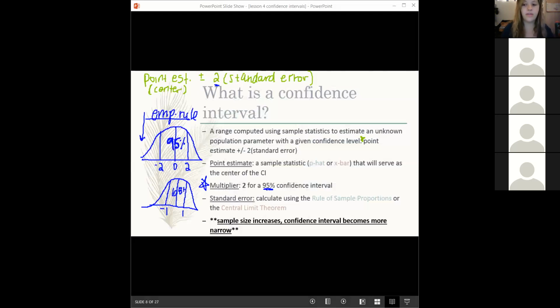I believe we go more in depth into it later in the semester. There are certain things that have to be met before you're able to move forward with your problem.